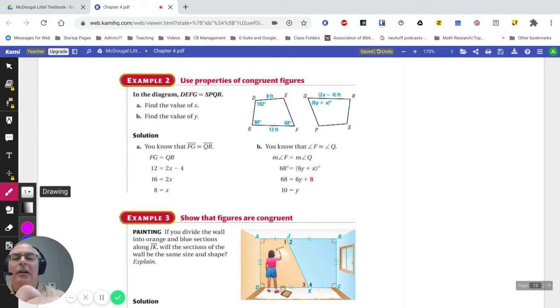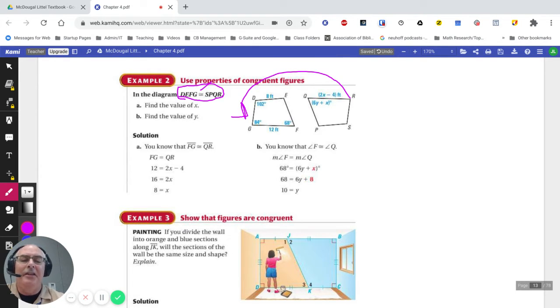In this example, I'm specifically told that these two polygons, quadrilaterals, are going to be congruent. That's what my congruent symbol says. So now that I know that's the case, I have to figure out how to rotate and match up the sides and the angles so I know which ones correspond to which.